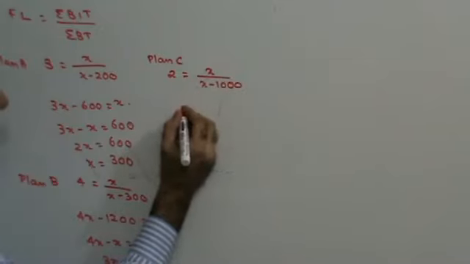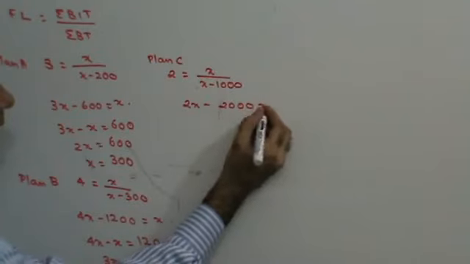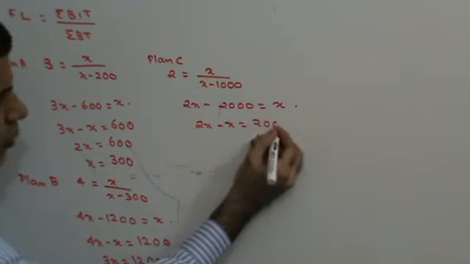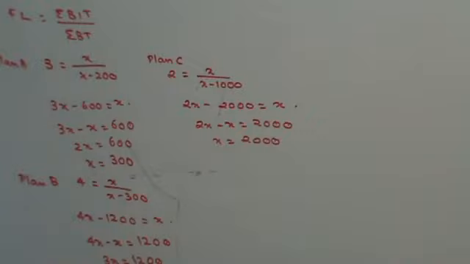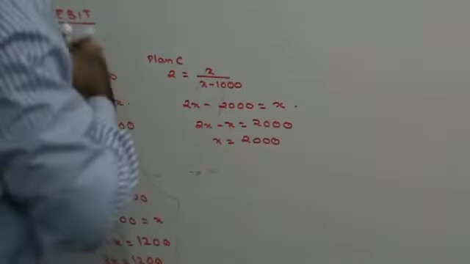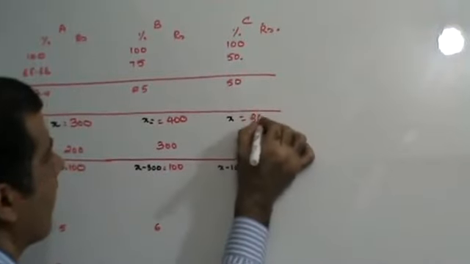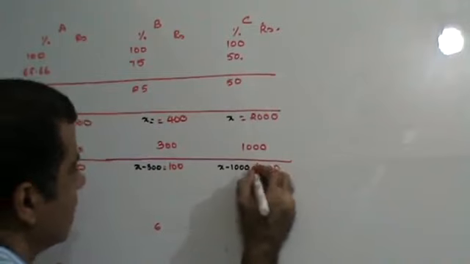So you will get 2X minus 2000 is equal to X. 2X minus X is equal to 2000. X is equal to 2000. So in that case this will be 1000.